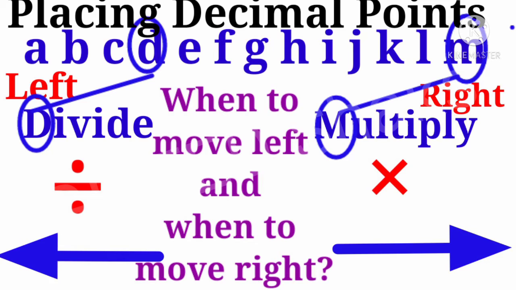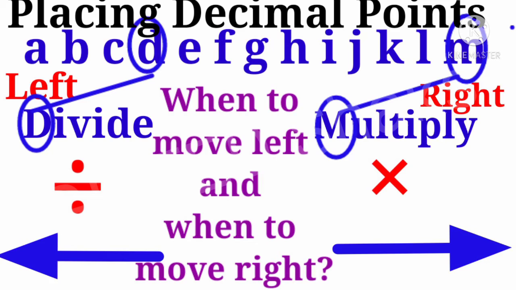D is to your left and M is to your right. Since D is to your left, you will take your decimals to the left.